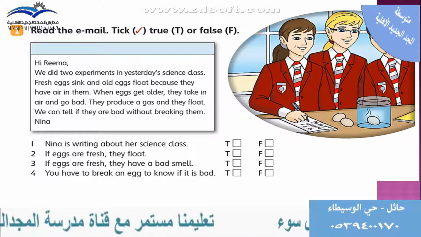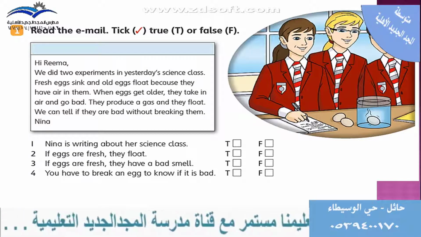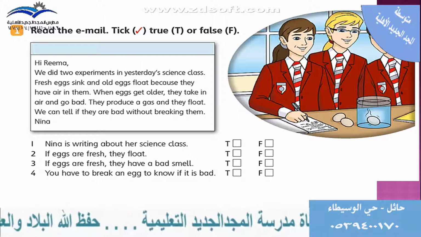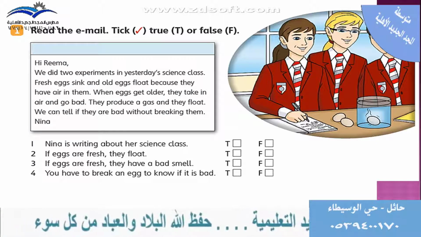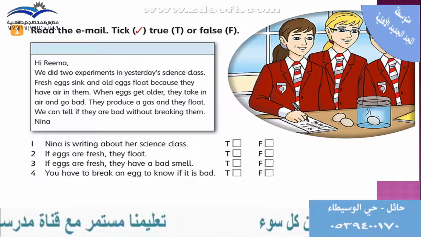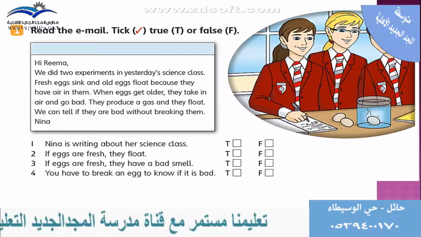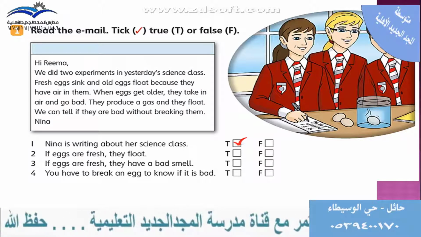They produce a gas and they float. We can tell if they are bad without breaking them. Nina. This is an email from Nina to Rima. So number one, Nina is writing about science class. What's the answer? The answer is true.